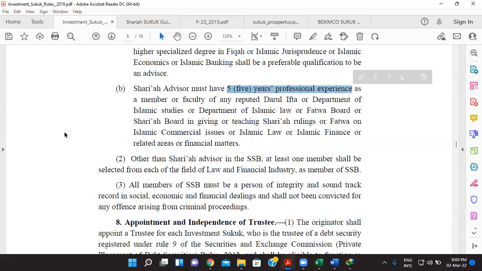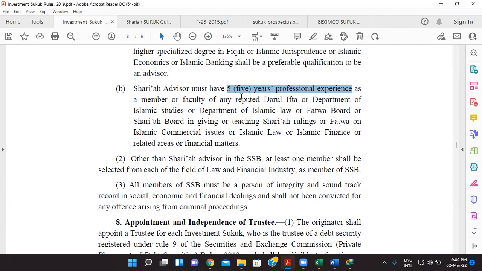So it is also in your interest that you check the Shari'ah Supervisory Board which has been formed by the originator of the Sukuk, say Bangladesh Bank, which is working as the special purpose vehicle to issue the Bangladesh government Sukuk, and also the Beximco Istisna Sukuk Trust, the SPV, and their Shari'ah Supervisory Board.